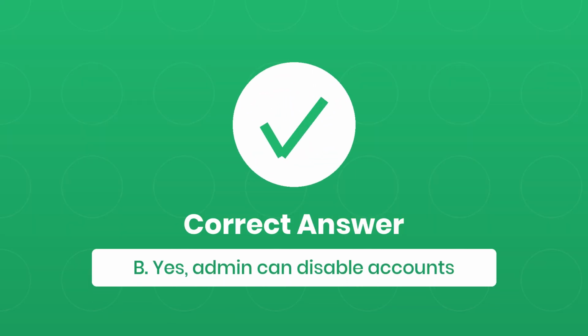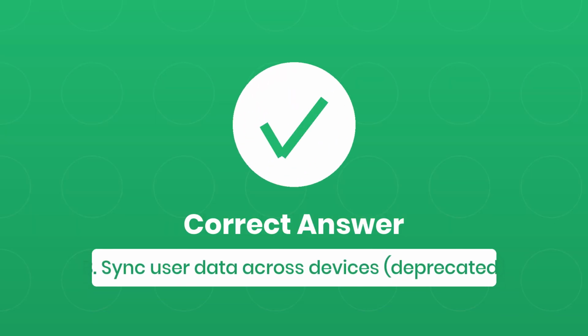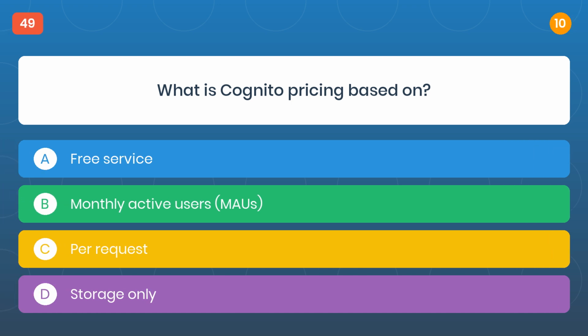The correct answer is B, yes, admin can disable accounts. Question 48. What is Cognito Sync? The correct answer is B, sync user data across devices, deprecated.